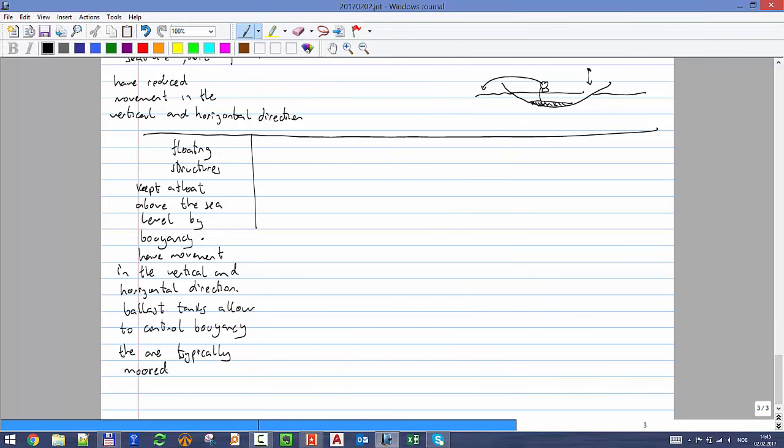It has another name, I forgot now. But they are typically moored with steel chains.